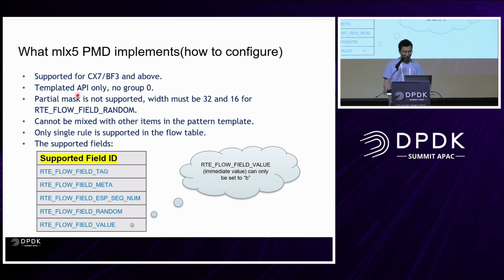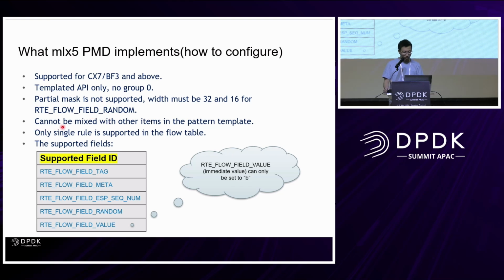And we only implement this feature in the template API, and it is not supported on group 0. And the partial mask is not supported. That means the width for now we only support 32-bit width due to hardware limitation, and 16 only for the RT flow field random if you want to compare with random.